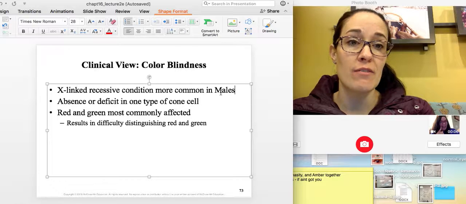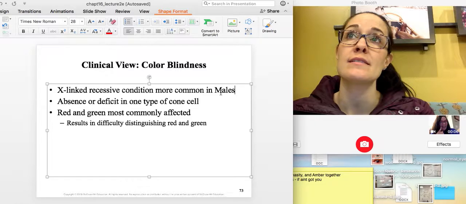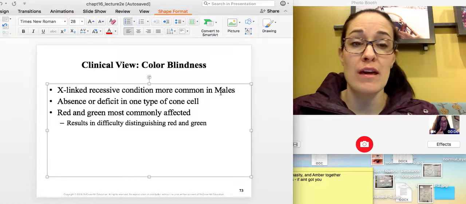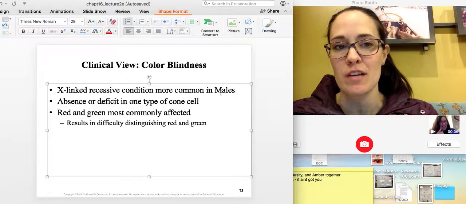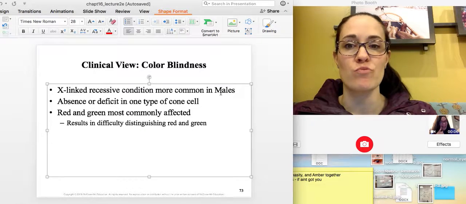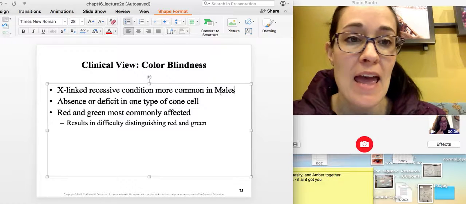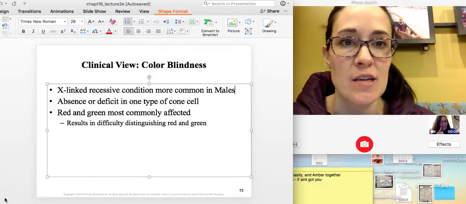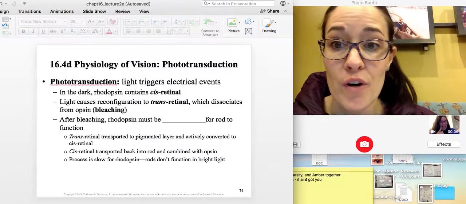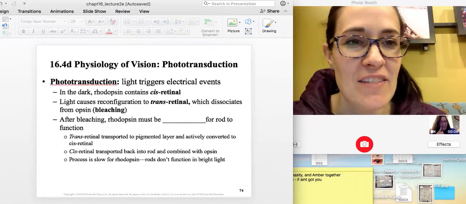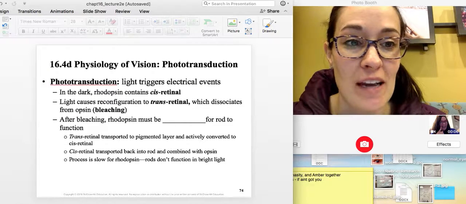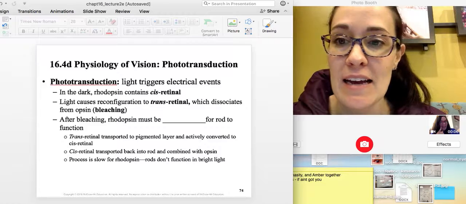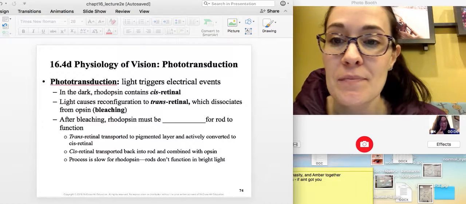There are 3 different genes, or alleles for genes, for color blindness, and you can be absent in all of them, or one of them, or a few of them. So there are different types of color blindness. The most common type is red and green color blindness, which means they have difficulty distinguishing whether something is red or green. Whenever I think of that, I think of stoplights and how they must see the stoplight colors totally different than those of us who aren't colorblind.